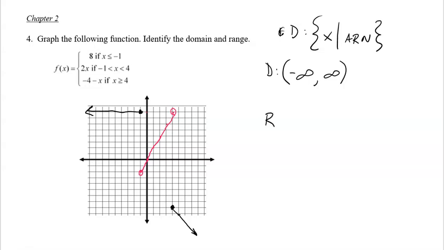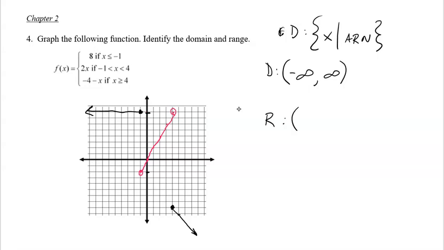And then the range, now you're looking for the y-axis coverage. For the y-axis, it is covered from -2 all the way up to 8. We don't include -2, but we will include 8. So for the range, we will say it's from -2 to 8, and I'm going to do this using interval notation and set builder.